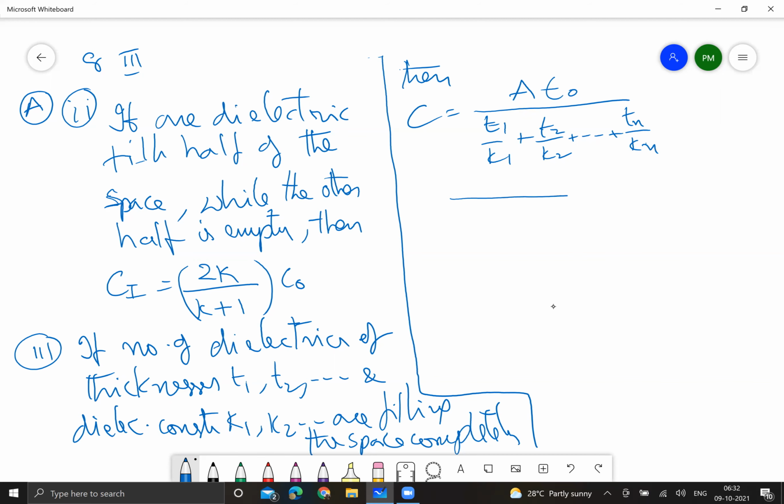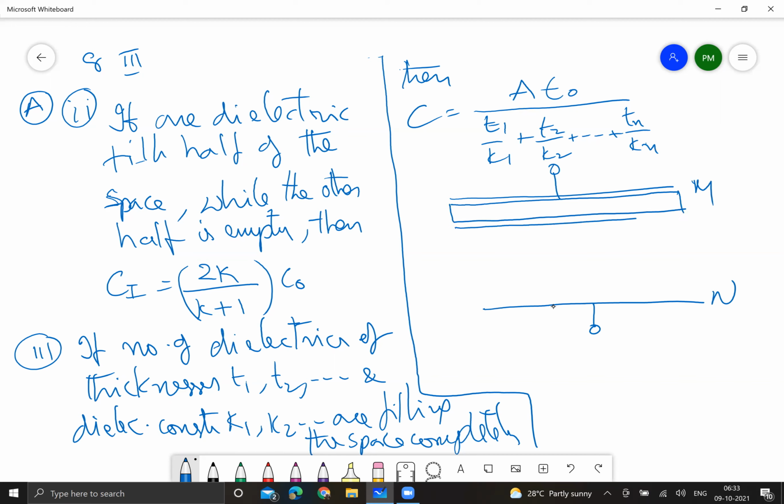What do you mean by this? This is one plate. This is the other plate. No gaps are there, and so on.